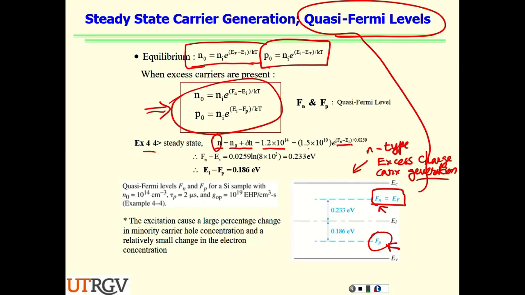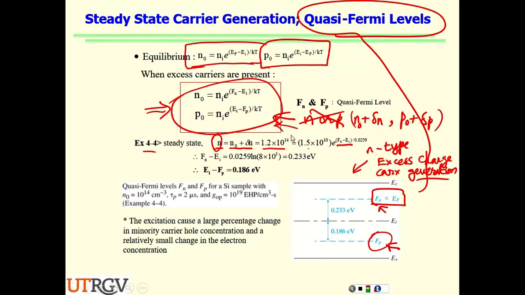So our relationship is now updated. When you are dealing with this, we don't just use n or p. We would now use n as n0 plus Δn, or p as p0 plus Δp. That's what we have to use when you are dealing with quasi-Fermi levels.